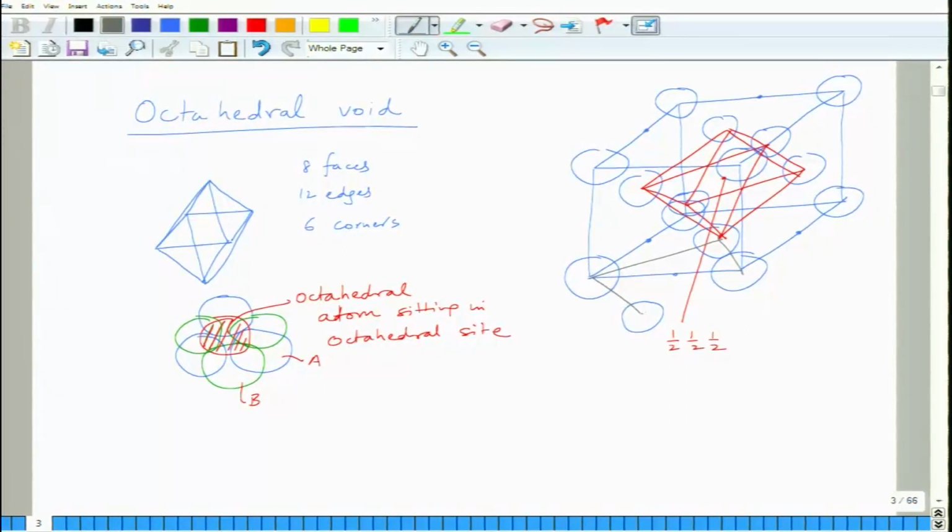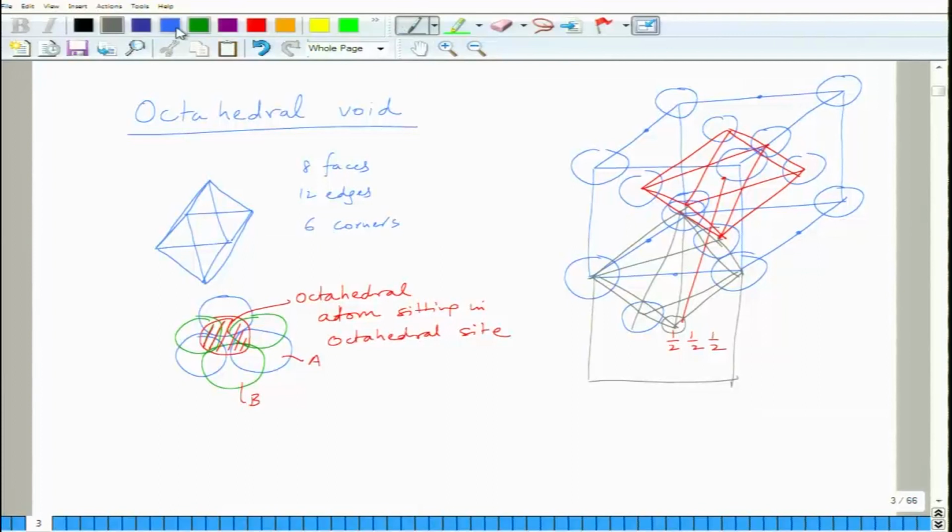This will connect to that. You can connect this to the atom at the face center, and the one at the bottom face will also be there, right? So this will again connect to, so this will be an octahedral void. So the centers of all the edges will be octahedral void locations.